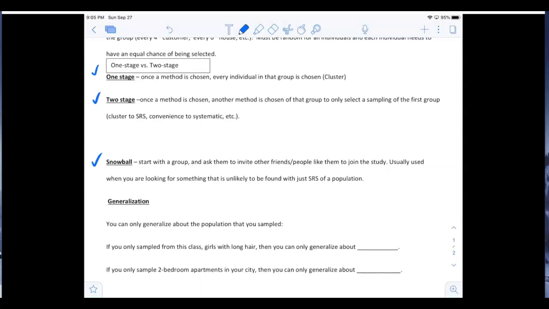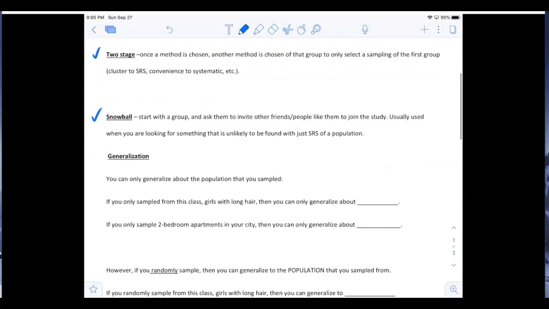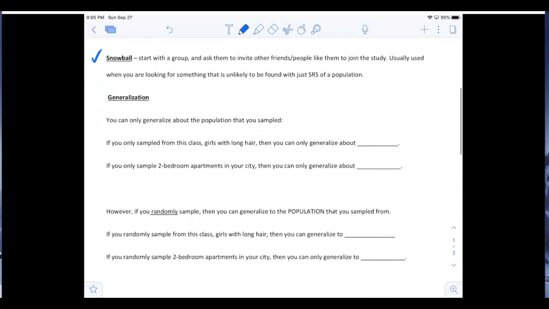Okay. And then some generalizations to keep in mind. And these are mainly generalizations about this one word here. It's about whether you randomly sample or not. So if you do not randomly sample, then you can only generalize about the population you sampled.